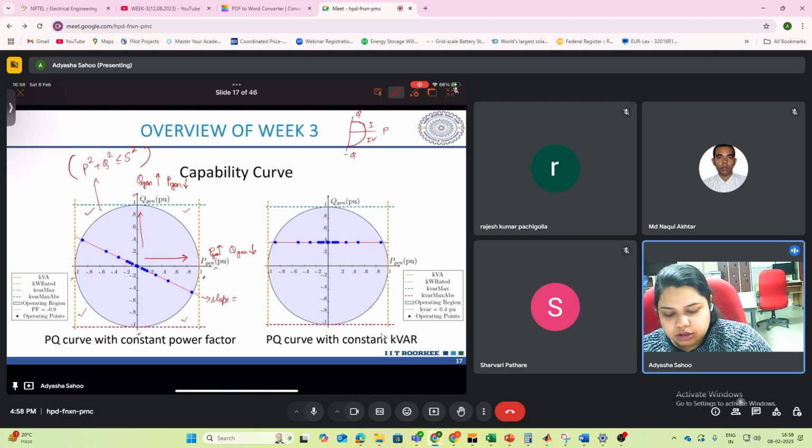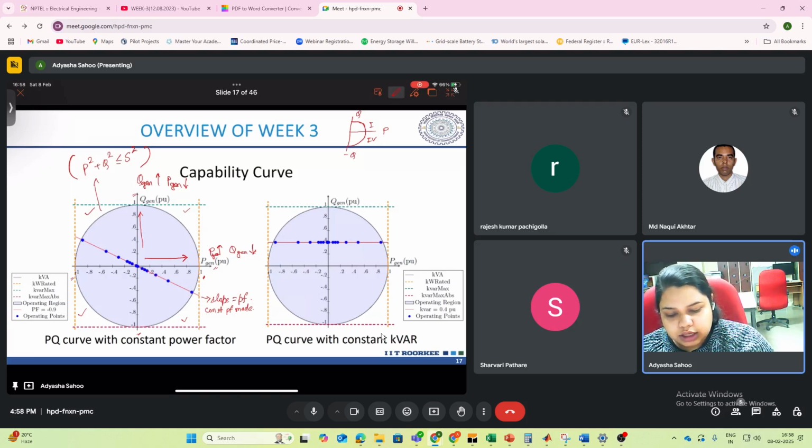That slope is nothing but the power factor. So basically we are operating the battery in the constant power factor mode. So this red line is the constant power factor mode line, and the blue points are various operating points that are acceptable for the constant power factor mode.